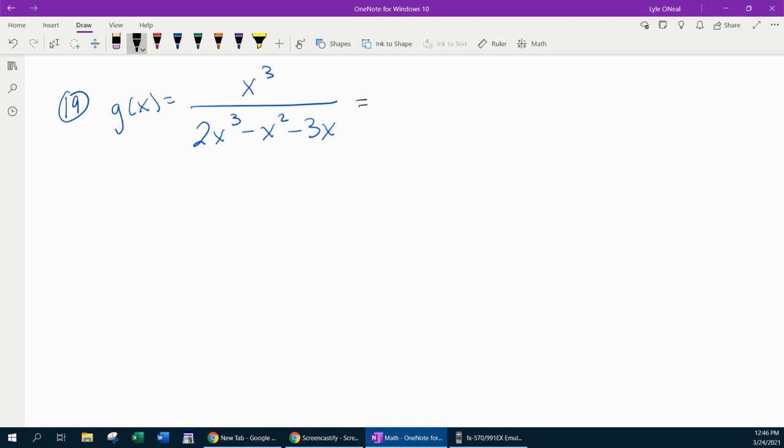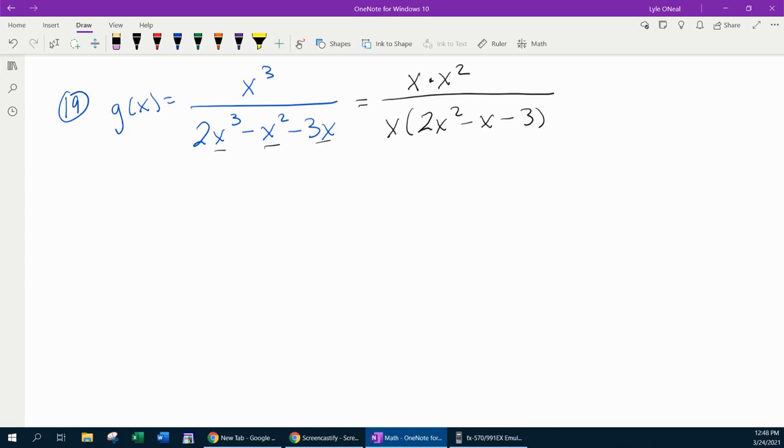x to the third can be written as x times x squared, and you'll see why in just a second. In the denominator, notice that every term has an x. So if I'm going to solve by factoring, the first thing I need to do is factor out the GCF, which is x. And that'll leave me with 2x squared minus x minus 3.